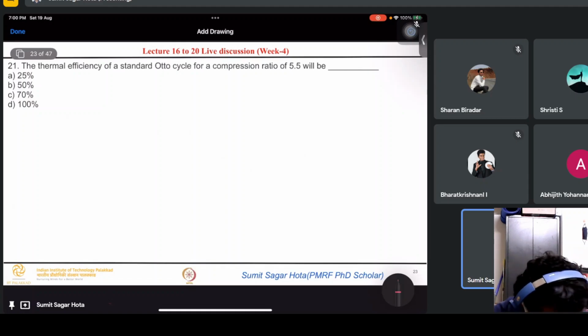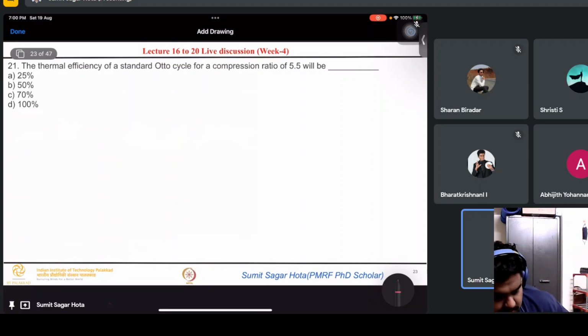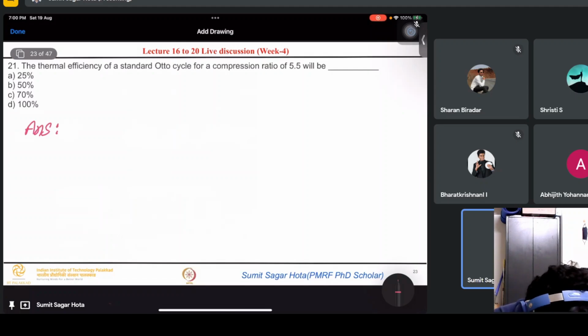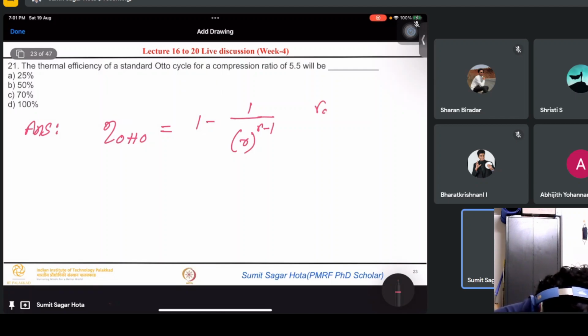The thermal efficiency of a standard Otto cycle for a compression ratio of 5.5 will be what? That means you have to know the thermal efficiency formula for the Otto cycle. What is the formula? 1 minus 1 by R to the power gamma minus 1, and the gamma of air is 1.4.